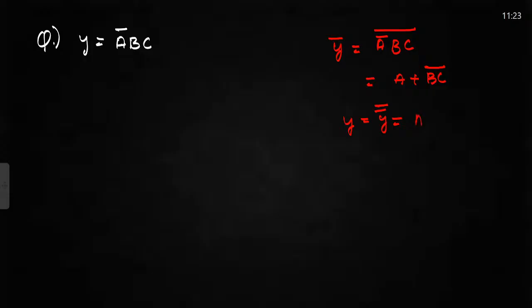If I am applying a whole bar, then that will give me A bar BC. Right. Now what I need to do? Now let us calculate for this one. So here how much am I requiring?